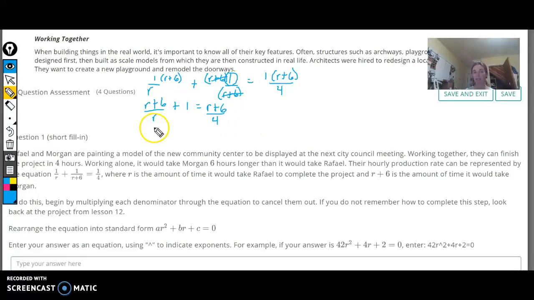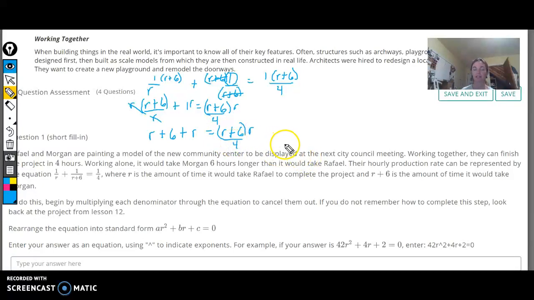Okay, now I'm going to go ahead and multiply through by r. When I do that, the r's cancel out here, and I get r plus 6 plus r equals r plus 6 times r over 4.